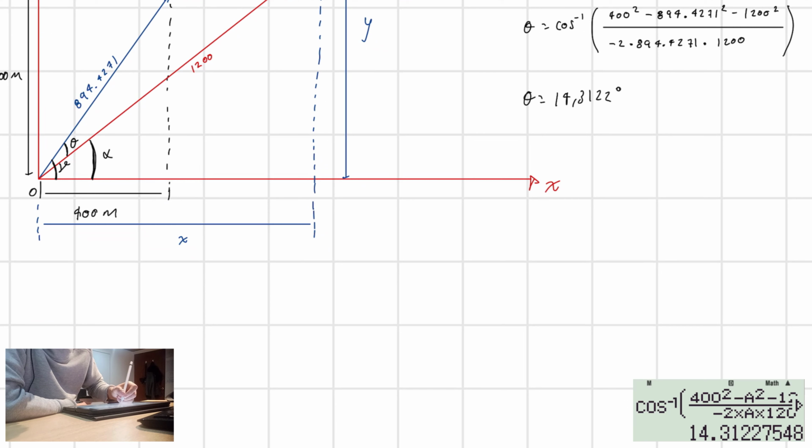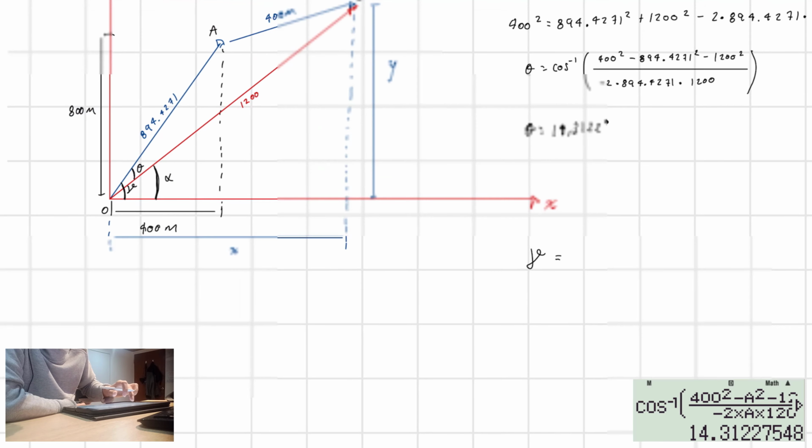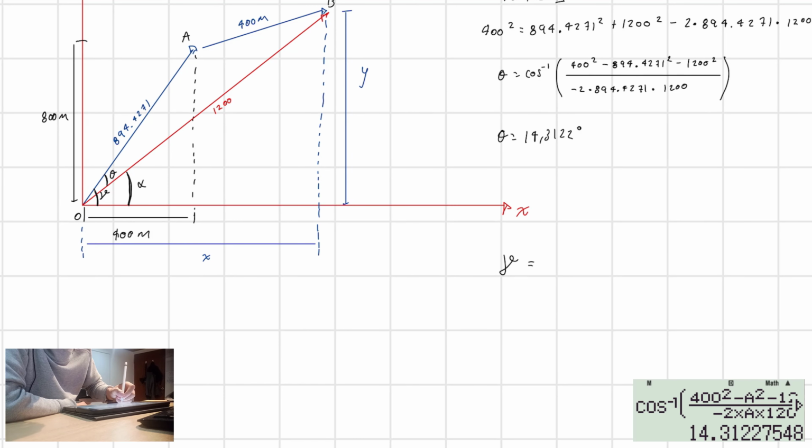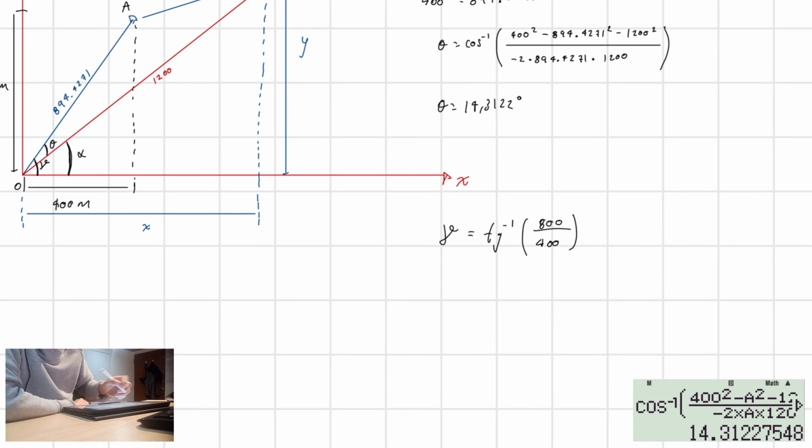Now, in the case of gamma, I'm perfectly capable of saying that gamma is equal to, for example, the tangent to the -1 power of the opposite cathedus divided by the adjacent cathedus, which is 800 divided by 400. Correct?